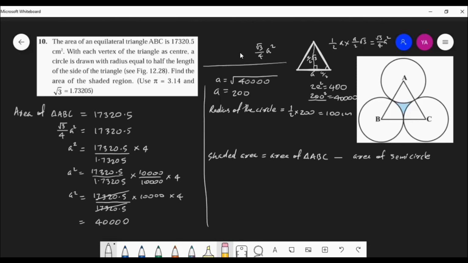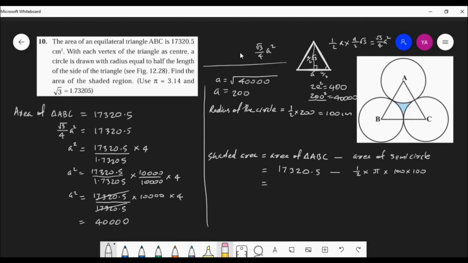So subtract the area of that semicircle from the area of the triangle ABC, and you will get the area of the shaded region. So substitute the values. Area of triangle ABC is given, 17,320.5, minus area of semicircle, that is half pi r square, half into pi into r square, r is 100. So 100 into 100 we can take.